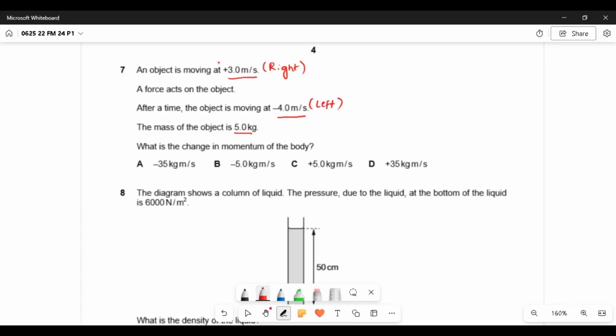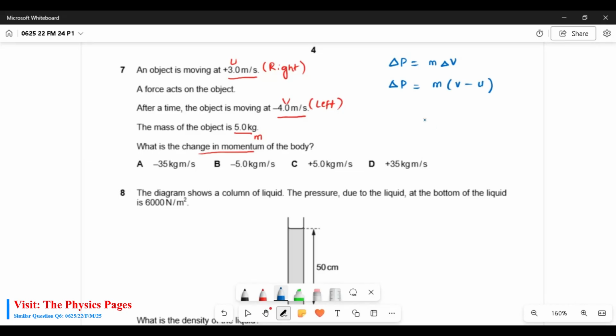So I just rename them. Initial velocity is u, final velocity is v, mass is m. We are going to find change in momentum, and we know that change in momentum is equal to m times change in velocity. I can also write change in momentum is m times final velocity minus initial velocity.